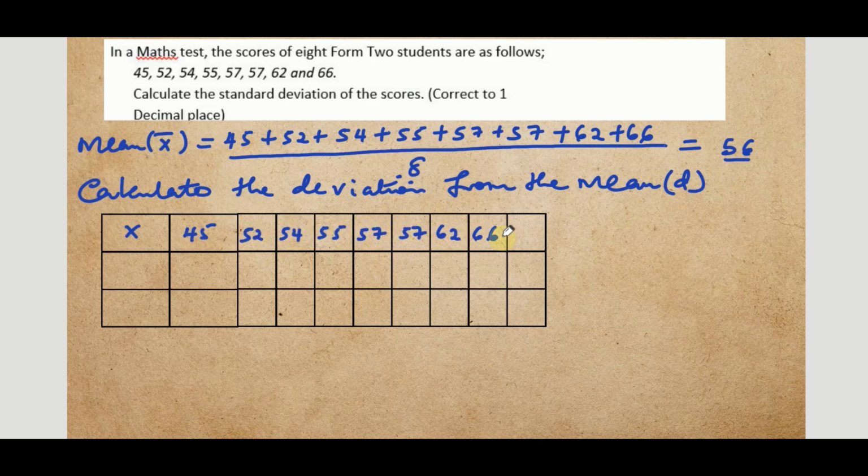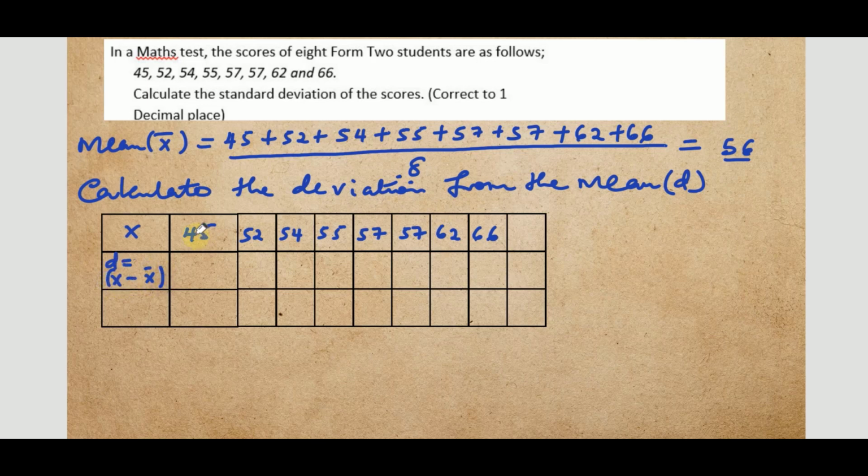Then we shall get the deviation from the mean, which will be given by x minus the mean. This is the deviation from the mean.